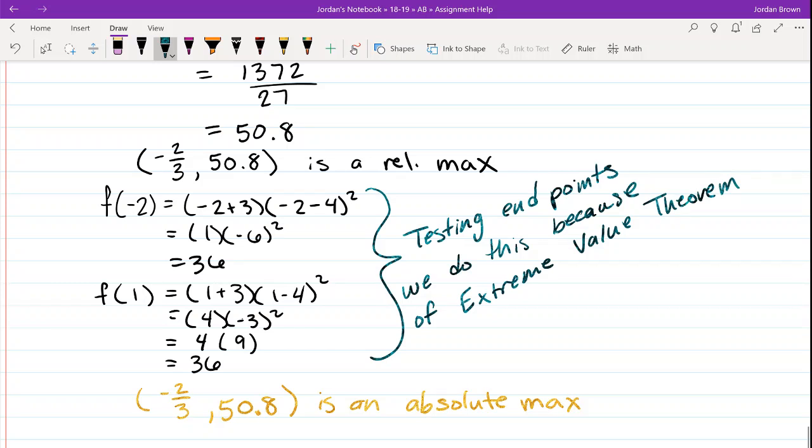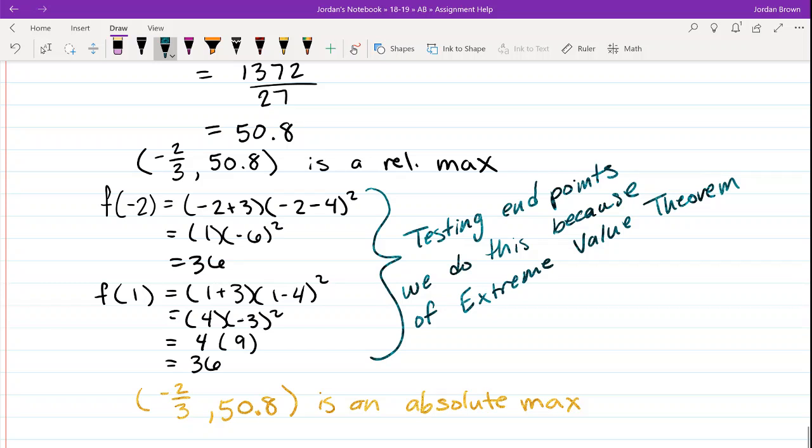Extreme value theorem says that there's going to be at least one minimum and at least one maximum. But outside of that, we use our first and second derivative tests to determine the additional ones. And then we test the endpoints to figure out the absolutes.